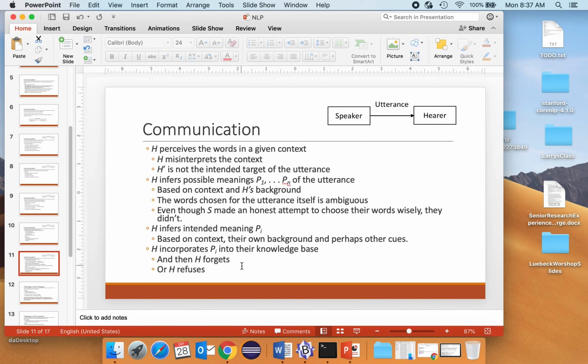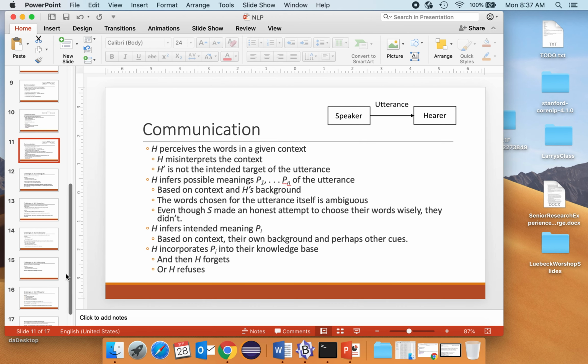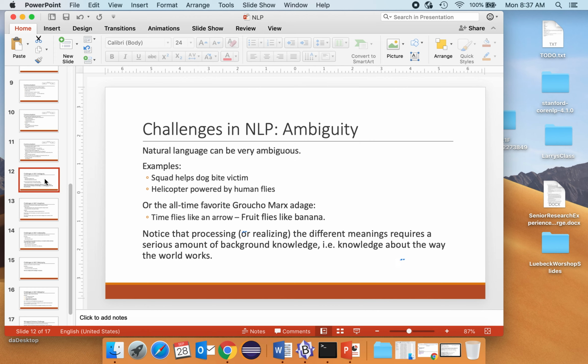But then, they may forget it, they may refuse to acknowledge that P is true, they may contest it. So those are all things that are part of communication, part of this tool that can go wrong. And we have undoubtedly been in a situation where we were exposed to all of them.